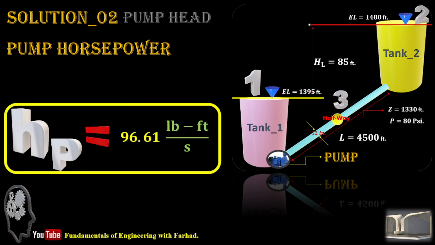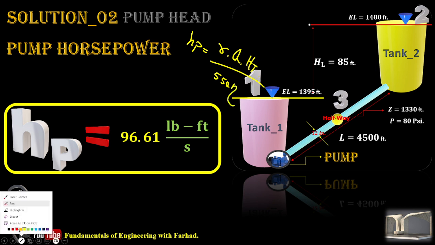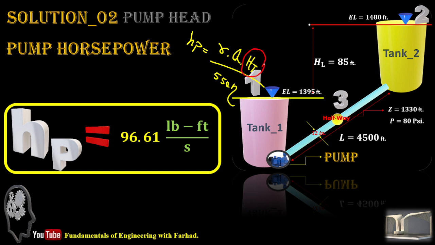As soon as you have this and replace it in the formula for HP, which is again gamma Q H total over 550 times eta, in solution 1 we used total dynamic head, and in solution 2 we use the H of pump, which is exactly the same numeric value. They are identical.